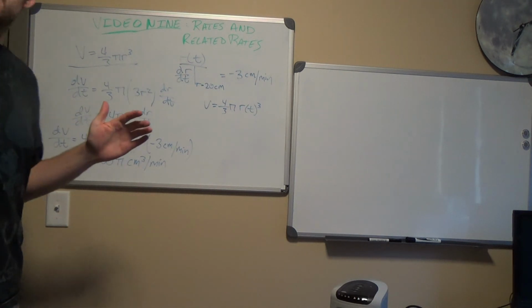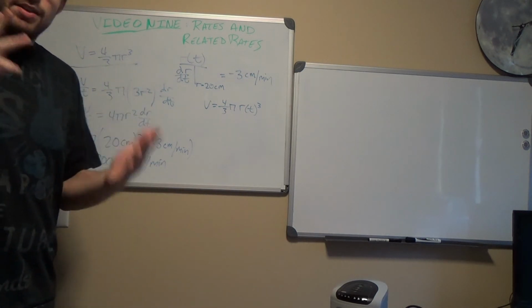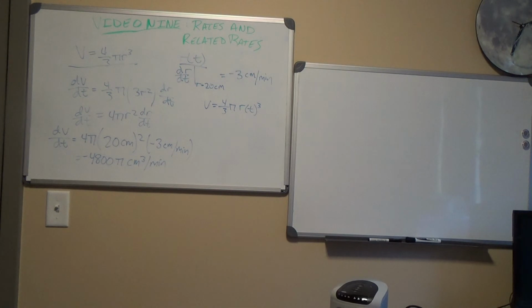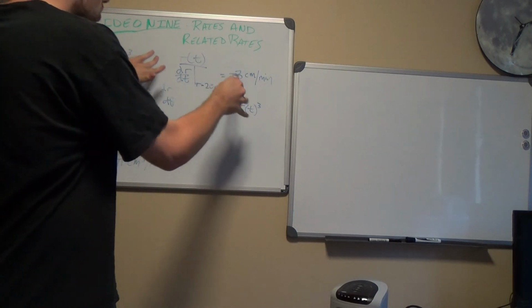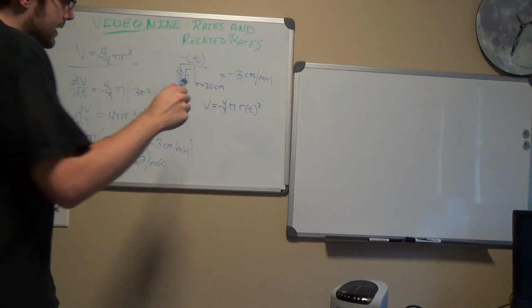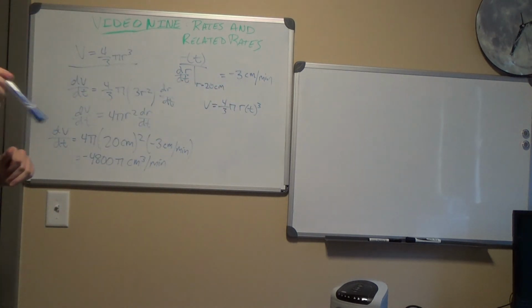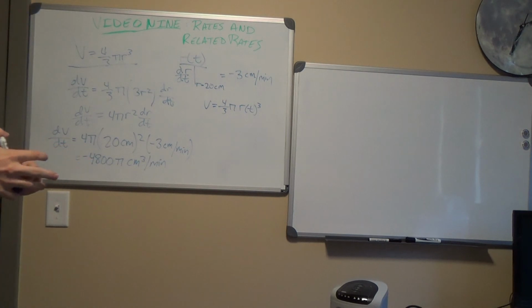In the first case, we knew that it was a constant rate, so we could easily model that using a function. Here, on the other hand, the only thing that we knew is that at the point where the radius is equal to 20 centimeters, the rate is -3 centimeters per minute.